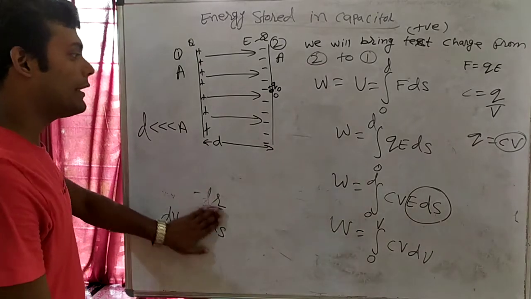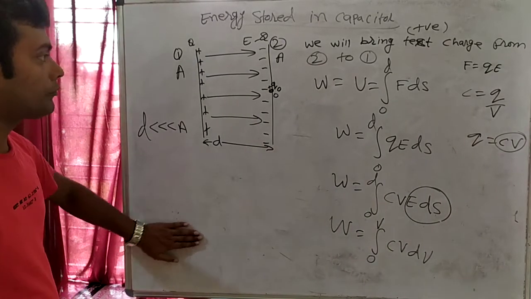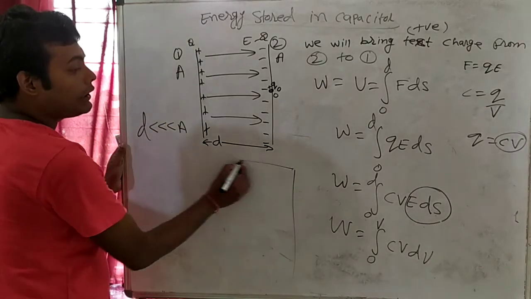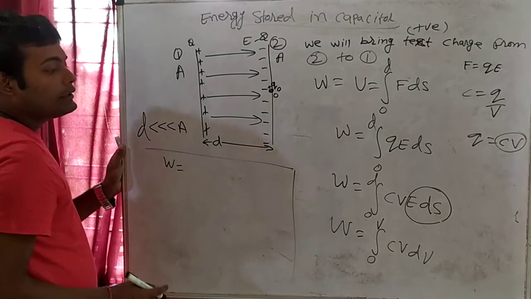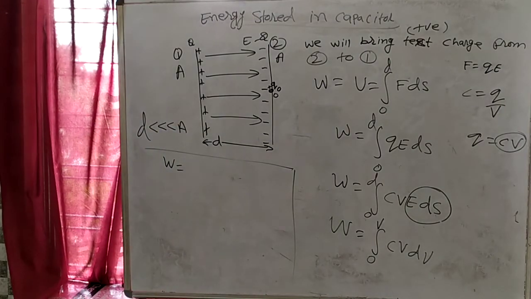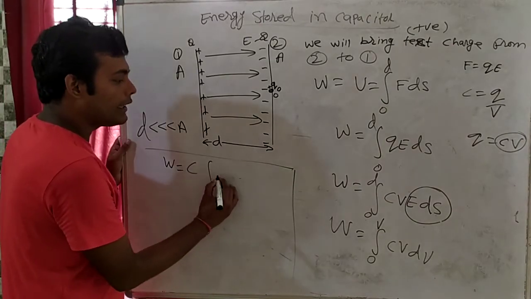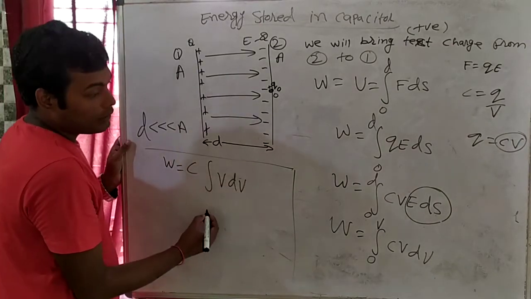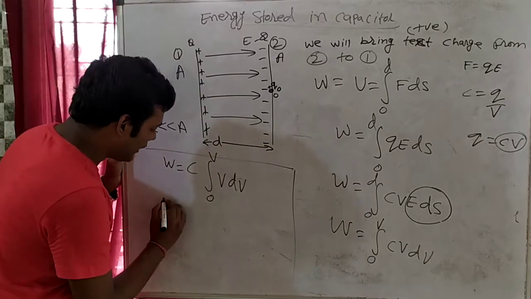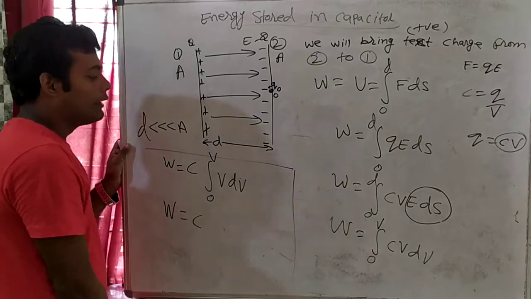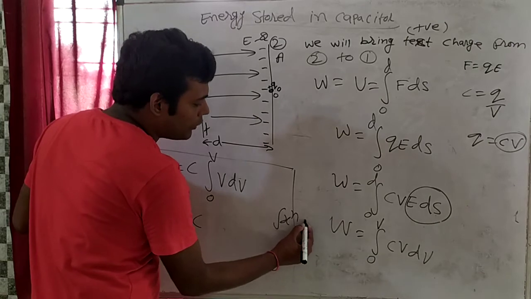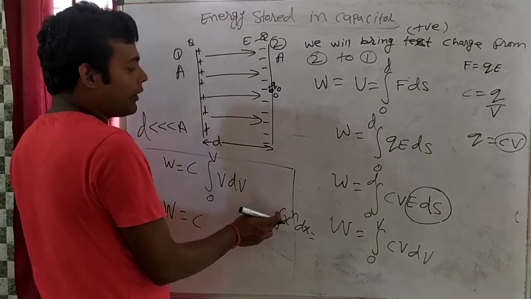Now can we integrate this? C is a constant, so we will take the constant outside the integration. So this will be C times the integration of V dV, and the limit will go from 0 to V. This is the integration of x to the power n dx, where the power is 1.